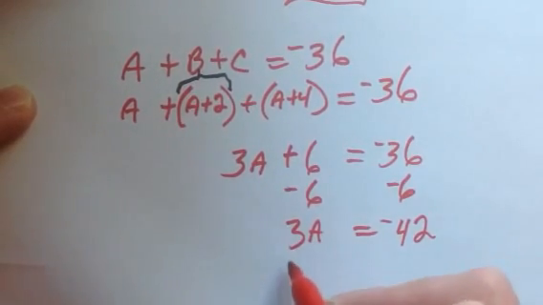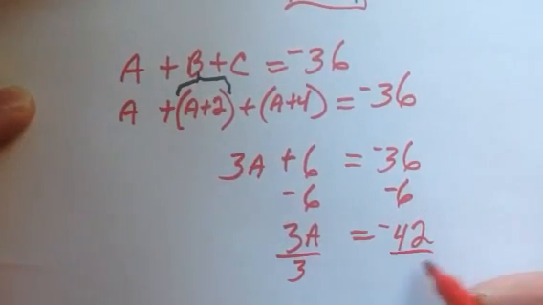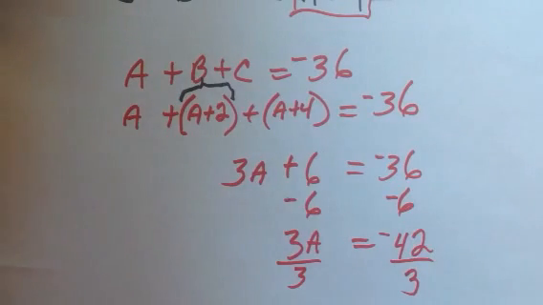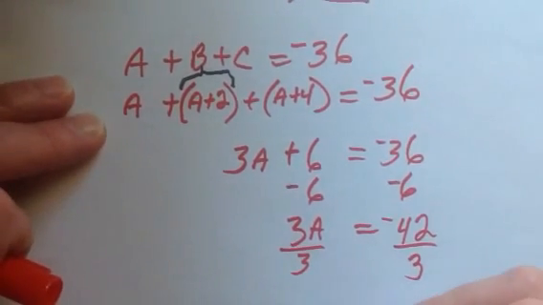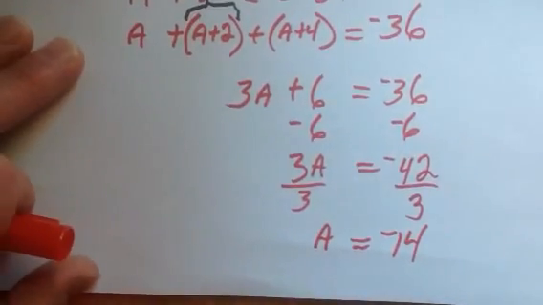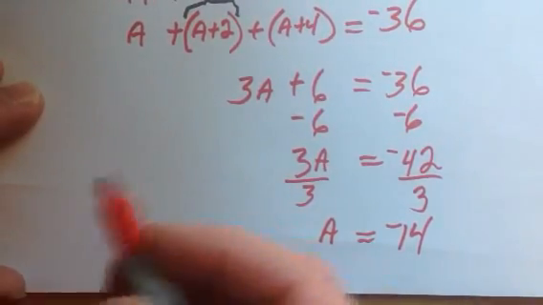Now we divide both sides by 3, or multiply times 1/3, and we get A equals negative 14. Now remember, when you're going negative, you're still negative, but you're going to add 2 to it.